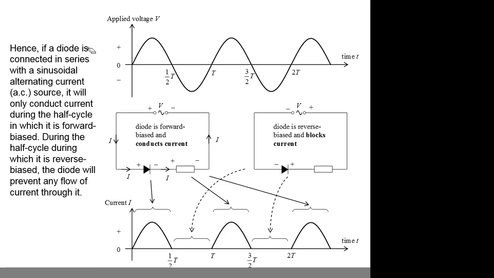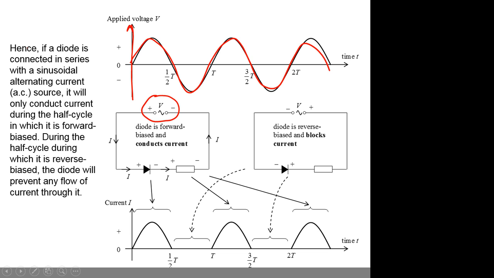we have this. Let me explain this page carefully. Look at the circuit. This is the applied voltage. If you put a voltmeter across it, this is what you will measure. You will measure this graph that you have over here. Up, down, up, down, up, down.